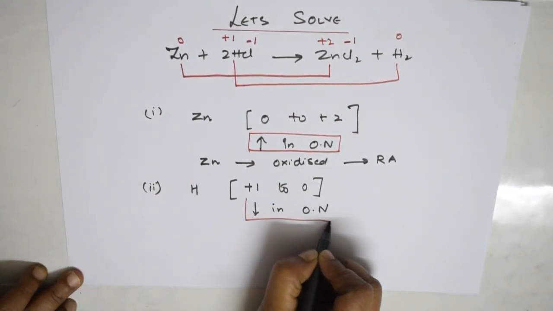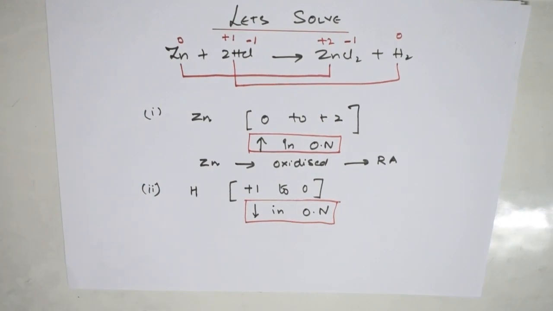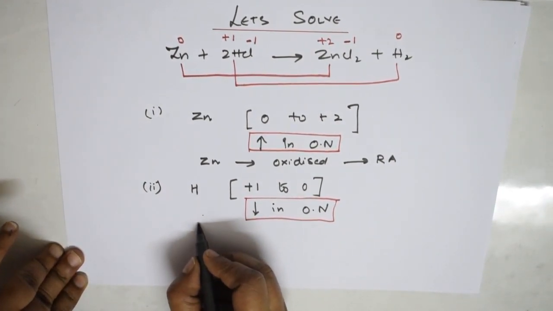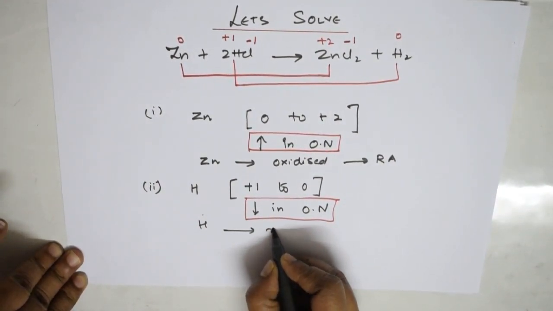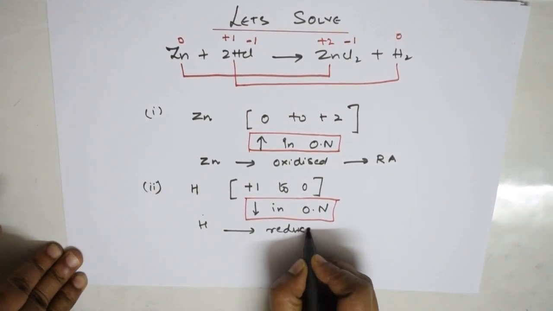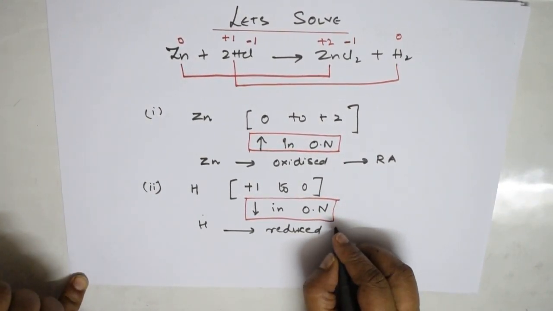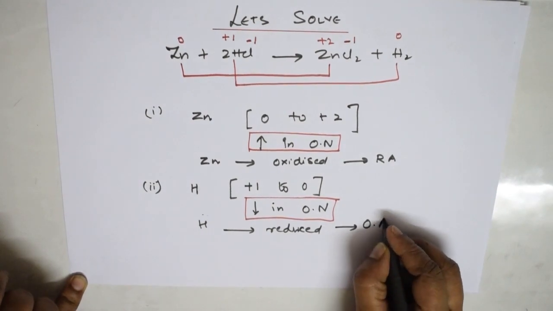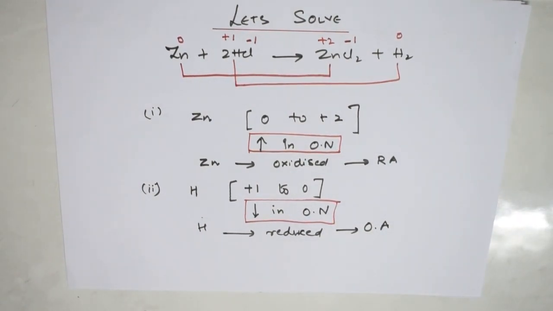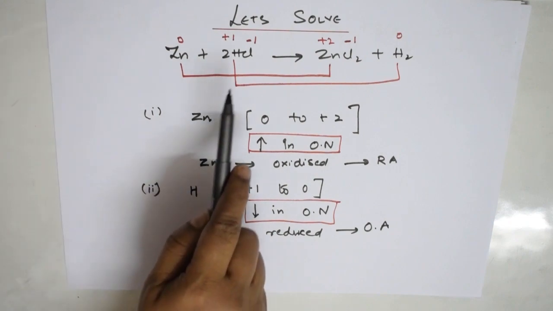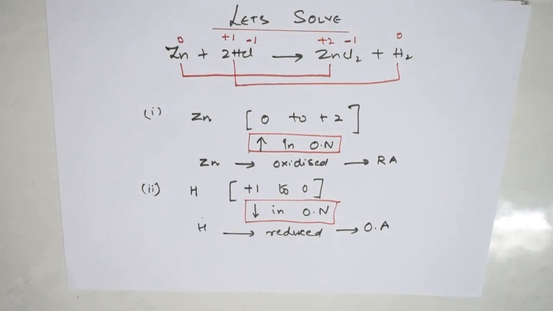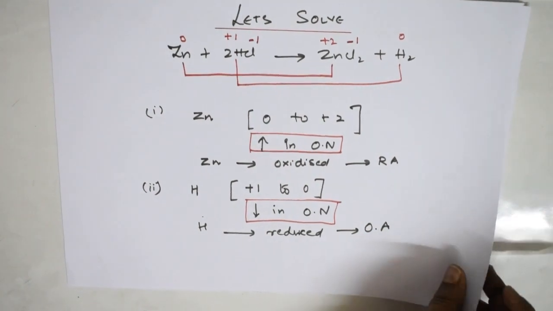Decrease in oxidation number means hydrogen has got reduced. Whichever gets reduced acts as an oxidizing agent. Simple, isn't it? So easy. For that only I have taught you to calculate oxidation numbers. So this is clear. Now let us solve one more example from your NCERT.